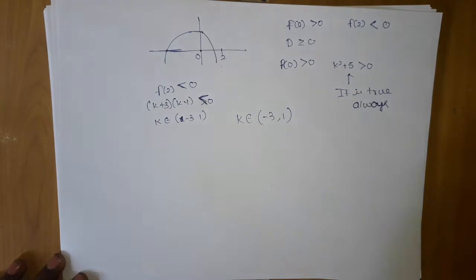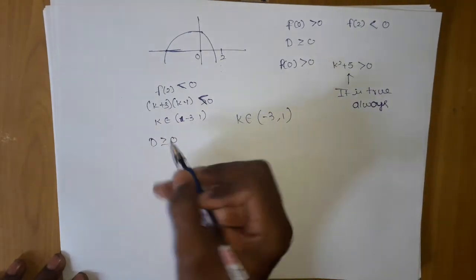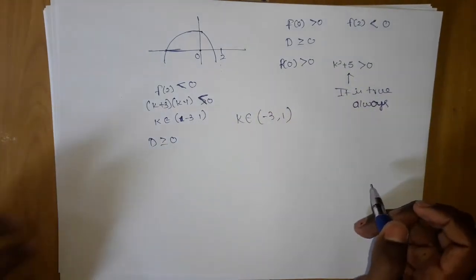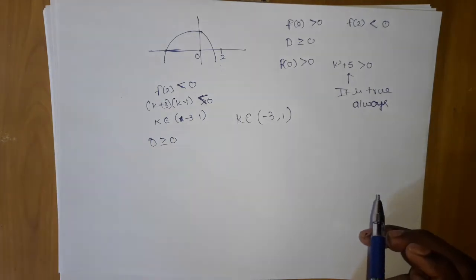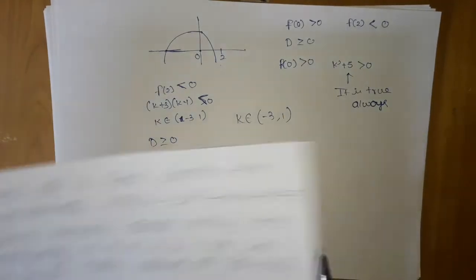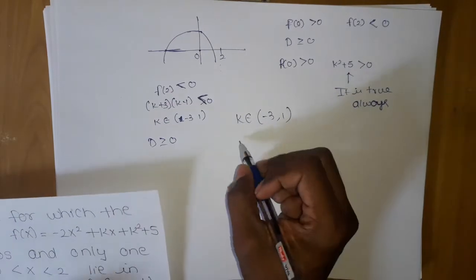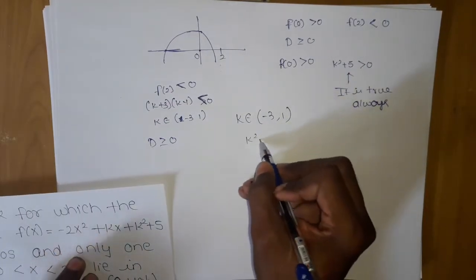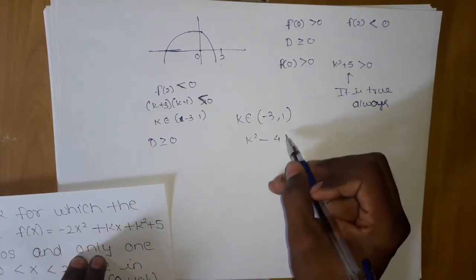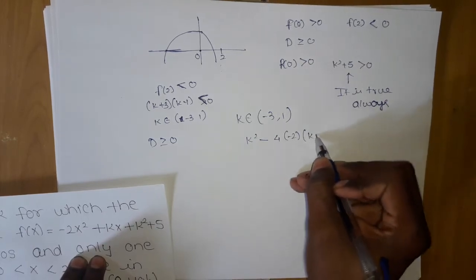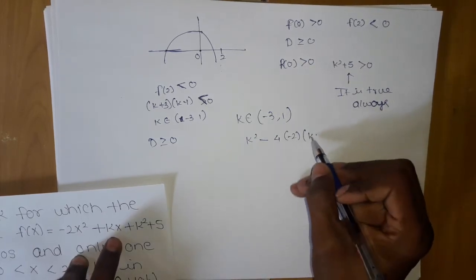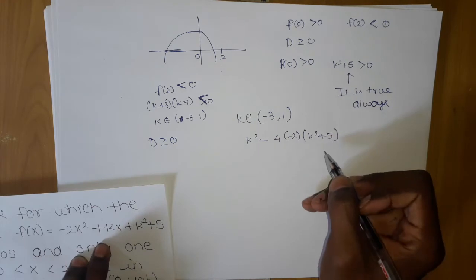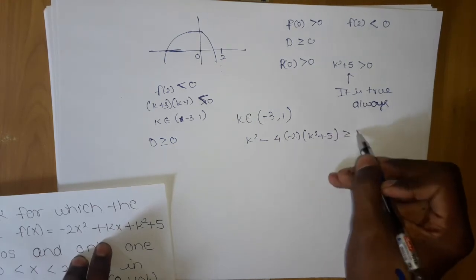Okay, we got k. Now for D greater than or equal to 0, let me check this condition. What is the equation? The equation is minus 2 for this k square minus 4 into minus 2 into k square plus 5, should be greater than or equal to 0.